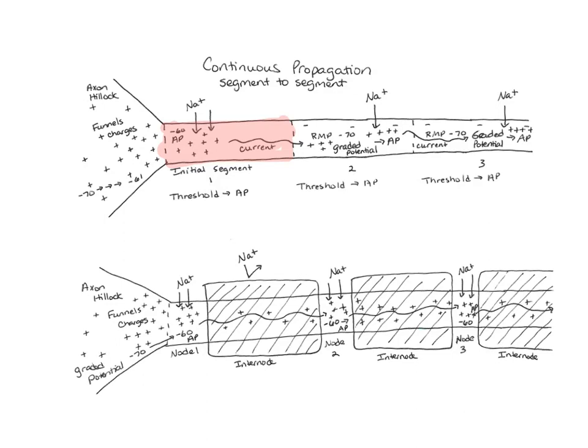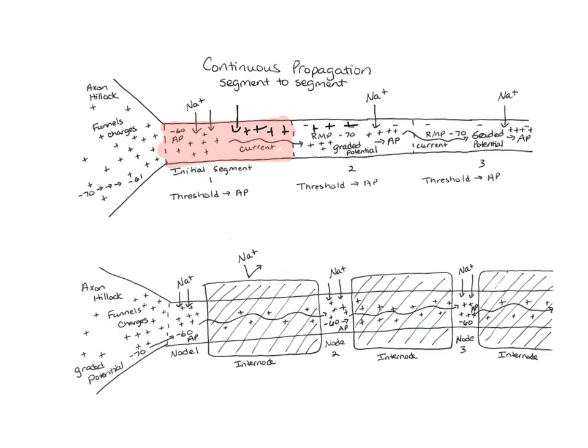That action potential, as those positive charges are moving in from the sodium, there's a current inside that axon. There's fluid in there, that intracellular fluid, and that has a current that's going to carry those positive charges down to the next segment. And it will cause that next segment then to hit threshold.